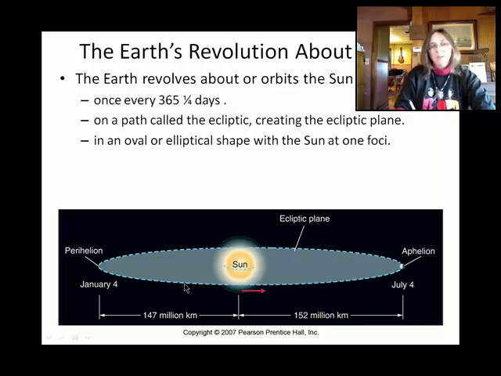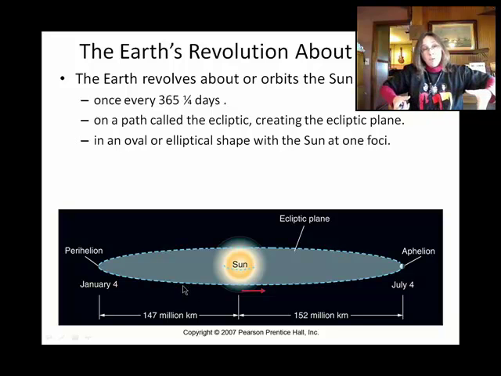Let's see, what else do we need to know about the Earth-Sun system? We know that the shape of Earth's orbit about the Sun is not circular. It's in a shape we call an ellipse, which is basically a circle that's been elongated. It's like an oval.